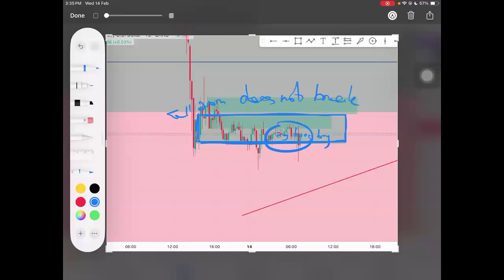You mean it doesn't break to the upside or to the downside? Doesn't break upside, of course. So because it never broke upside, you're focusing on sell because it's still valid? Yes, correct. Okay.